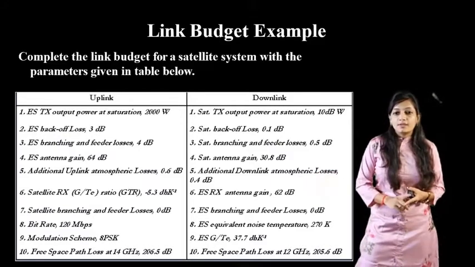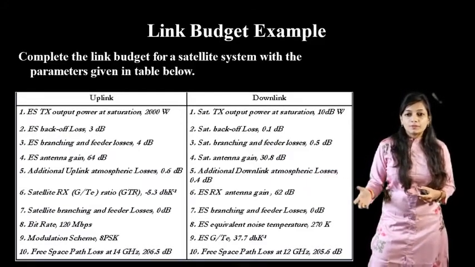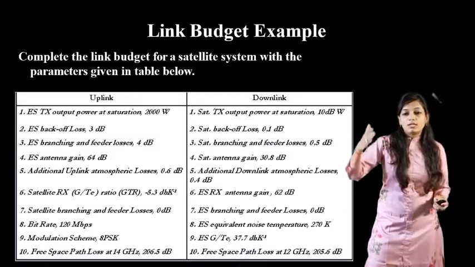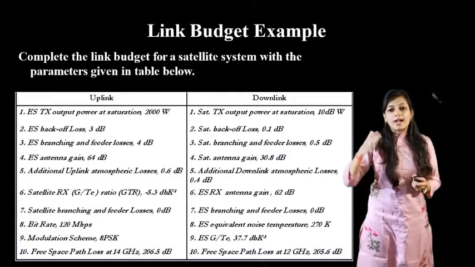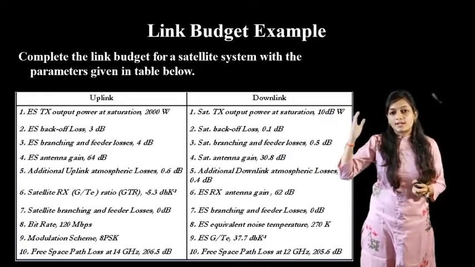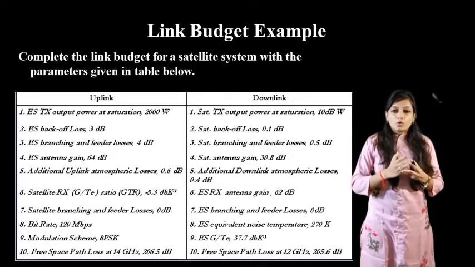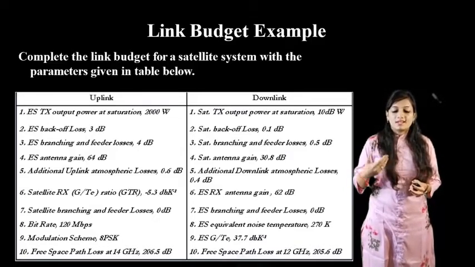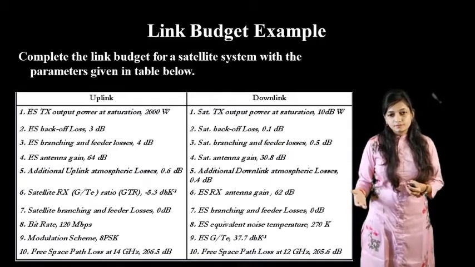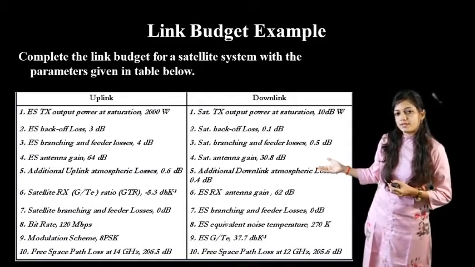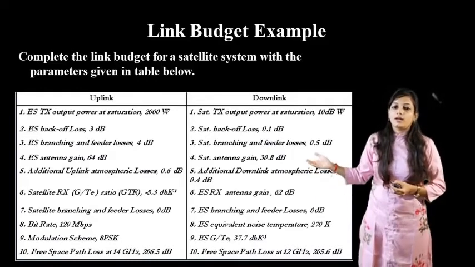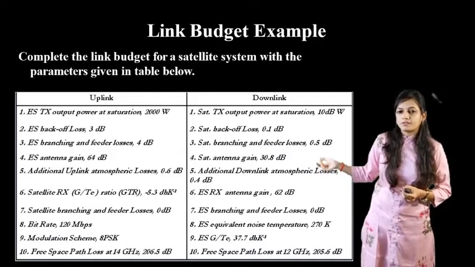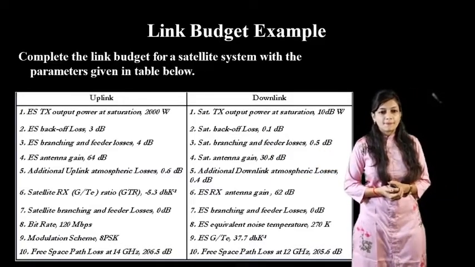As we have discussed, we are able to transmit high power at the earth station, and we cannot fit a high power amplifier on the satellite, because it will increase the cost of the satellite and my satellite becomes bulkier. So the gain of the receiving antenna will be 30.8 dB, which is half the gain of the transmitting antenna.